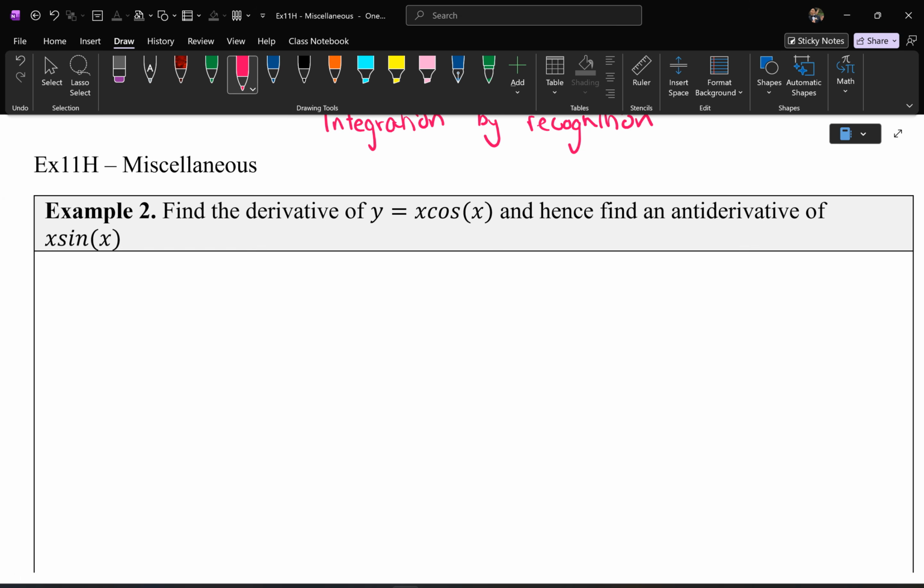For part A, they want you to find the derivative of y equals x times cos of x. Let's do a bit of revision. How do you find the derivative of x cos x? What rule do you use? Can I please have Zach? What rule do we use to derive this function?